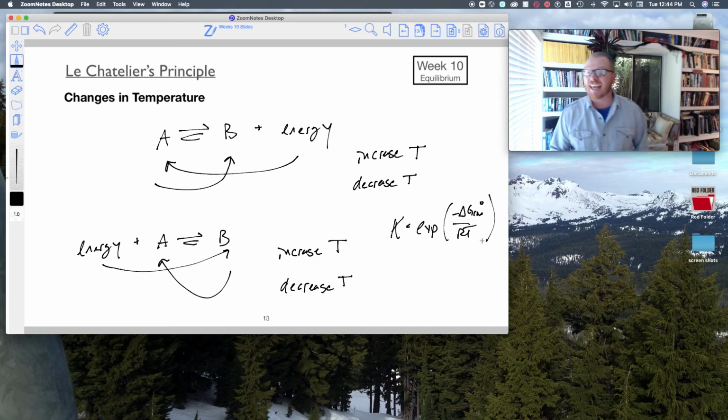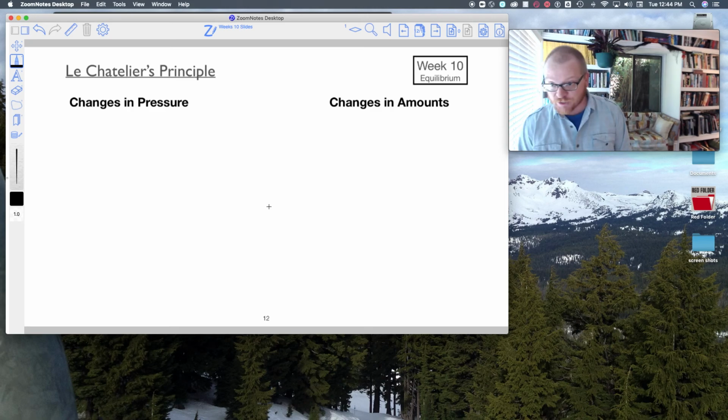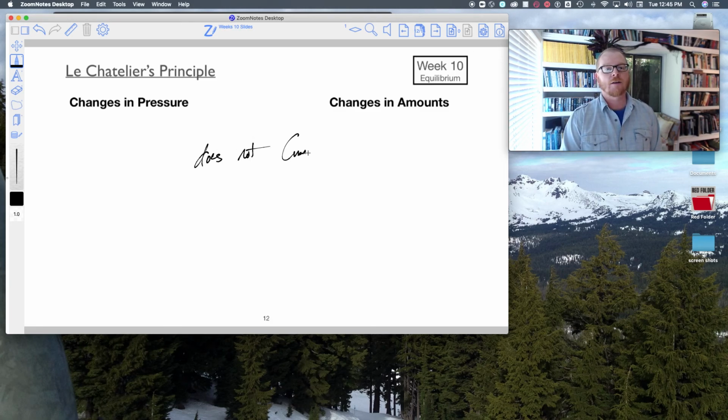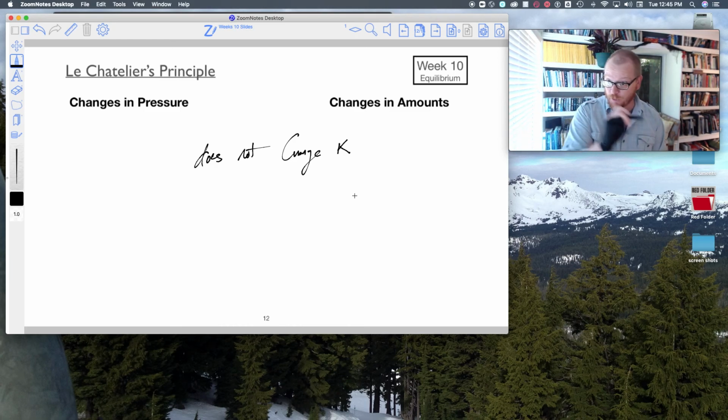So we recognize that K is dependent upon what the temperature is. So with changes in pressure or changes in amounts or changes in volumes, I'm not going to go through this, but it does not change K. But we do know that changing amounts, which is more or less the same as changing pressure or changing volume, can shift equilibrium to reactants or products, okay?